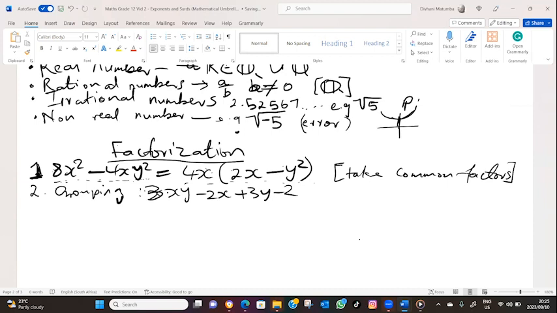If I group the first two terms and take out the common factor, I will get x into 3y minus 2, then plus this expression here will be 3y minus 2.